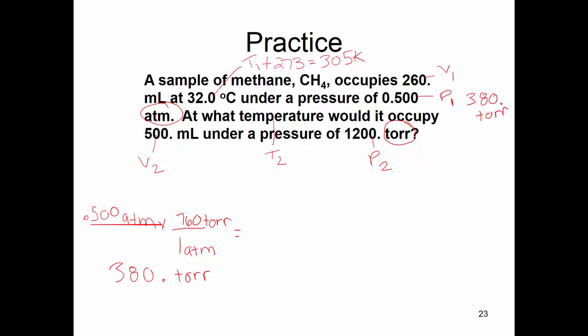I'm going to change that to 380 torr. I'm going to show the whole answer here as well, but now that I've dissected it, I want to plug in for those variables based on my equation.